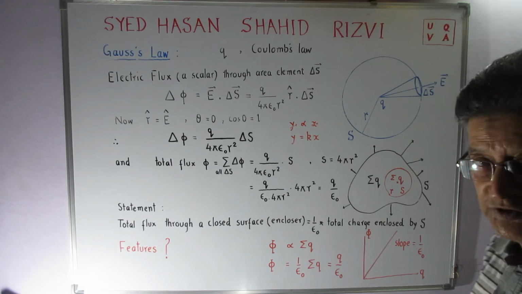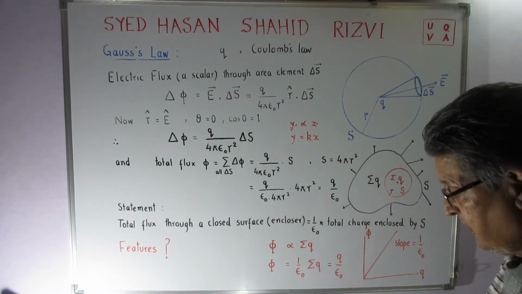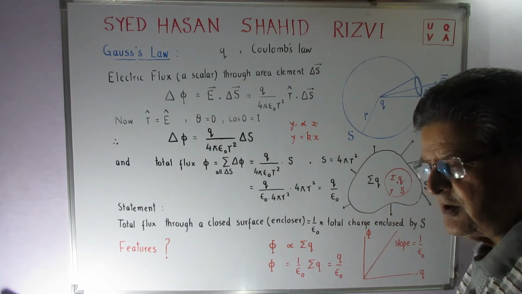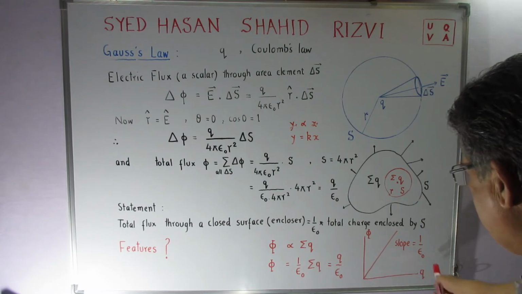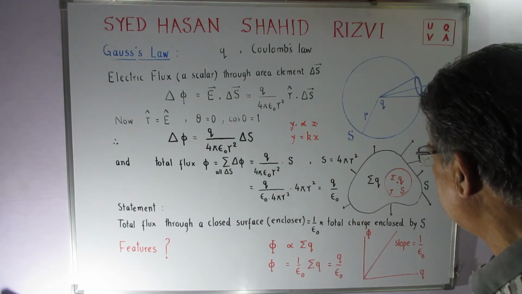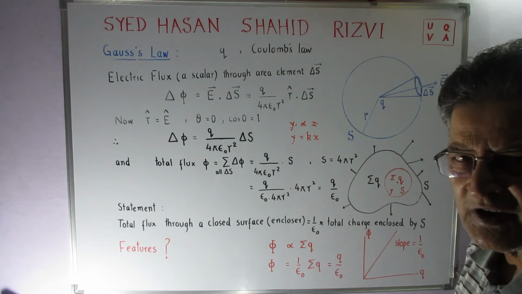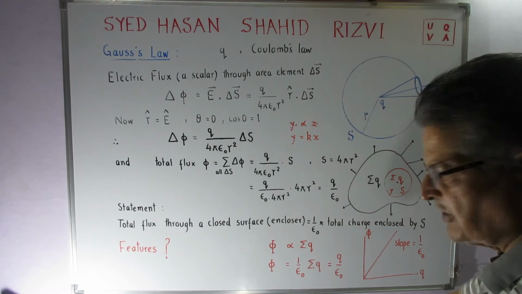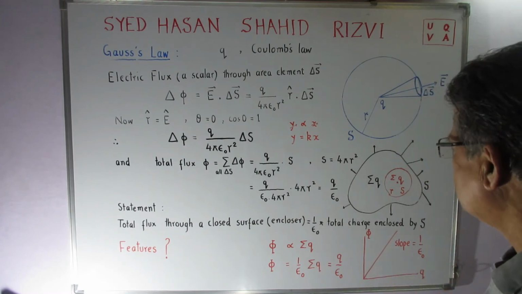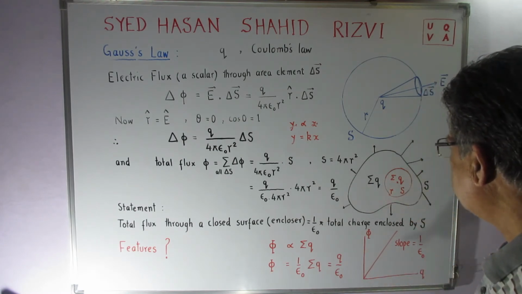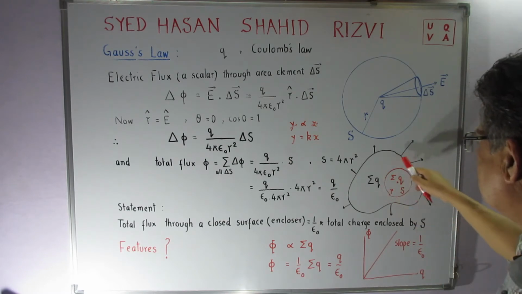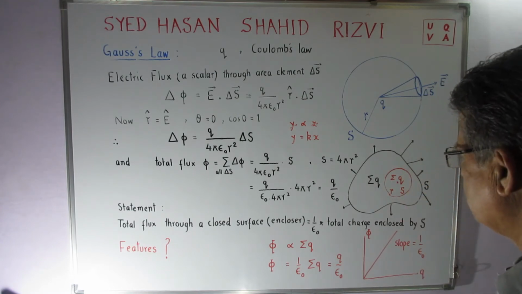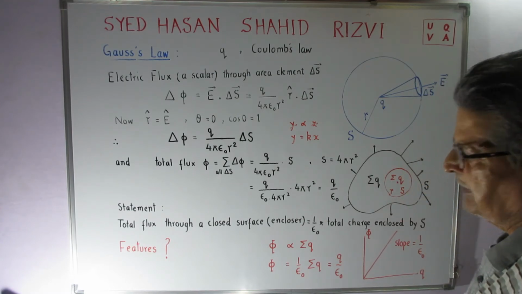So if we have means of conducting an experiment where we can measure the value of the phi, which of course we cannot, and measure the value of the q which you are putting somewhere in this enclosure, because if you put so many charges and enclose them with a larger surface, then also the same thing will be true. In this case also the same thing will be true if the enclosing radius is increased or decreased.